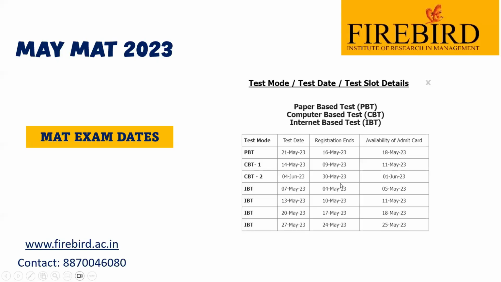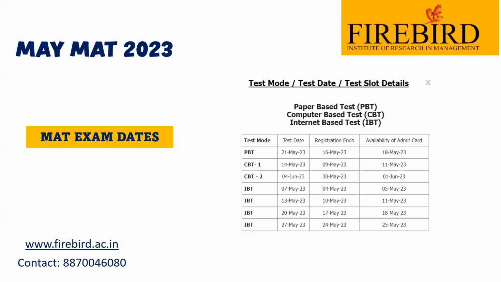The first thing you should know is the test is conducted in 3 modes: paper-based test, PBT, computer-based test, CBT, and internet-based test, IBT. As of now, they have released dates for 1 PBT, 2 CBT, and 4 IBT. The PBT is to be held on 21st May, CBT 1 on 14th May, and CBT 2 on 4th June.